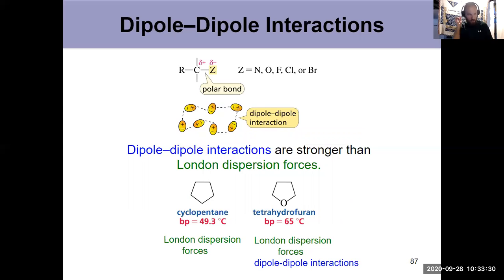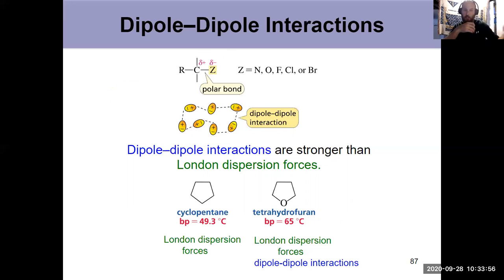Whereas London dispersion forces are from a temporary induced dipole, dipole-dipole interactions are from a permanent dipole, which is what this figure here in the middle is showing. That comes from polar bonds where we have a partial negative and a partial positive, and that causes our molecules to align themselves to maximize those electrostatic interactions.